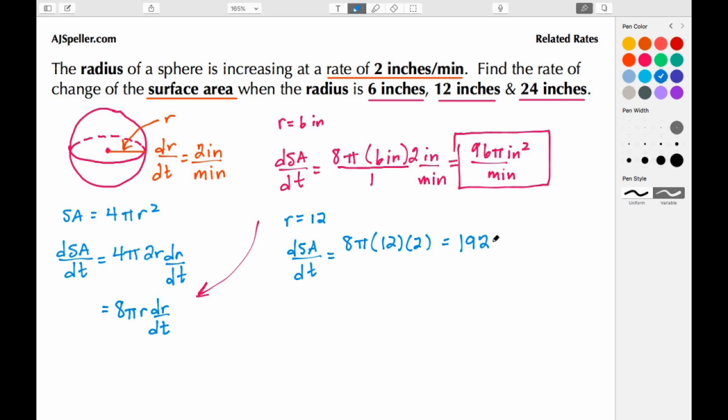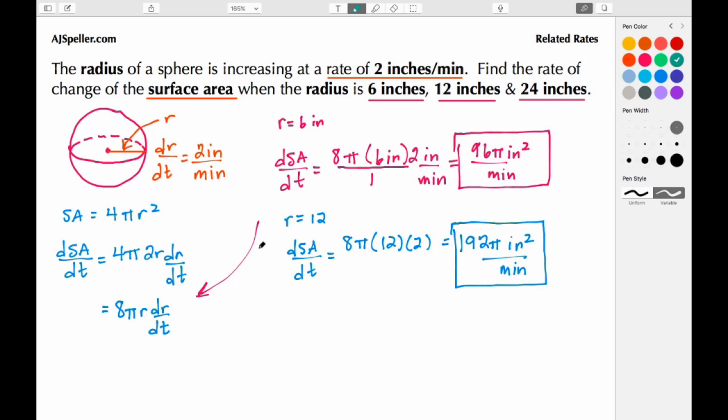Multiply by the factor of pi, and I already know that my units are going to be inches squared per minute based on the first example. So at the moment the radius is 12 inches, the surface area is changing at 192 pi inches squared per minute.